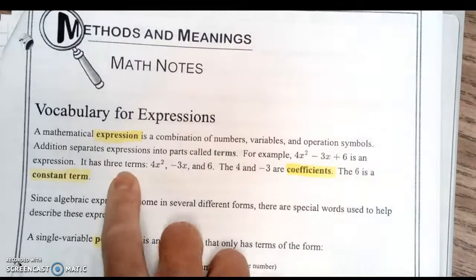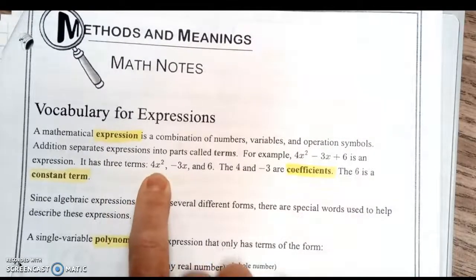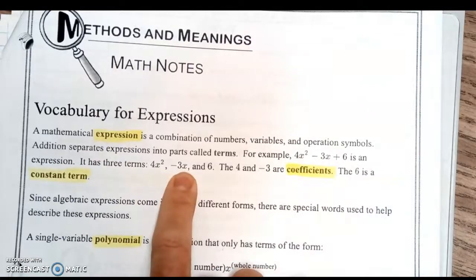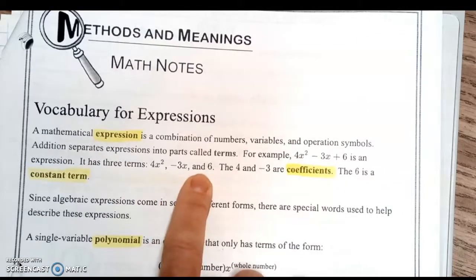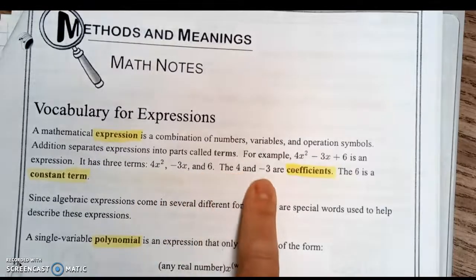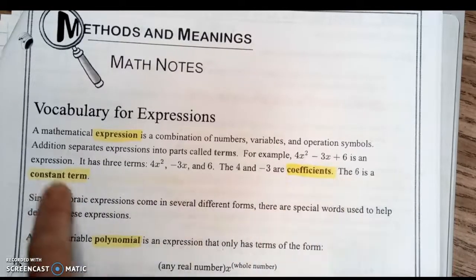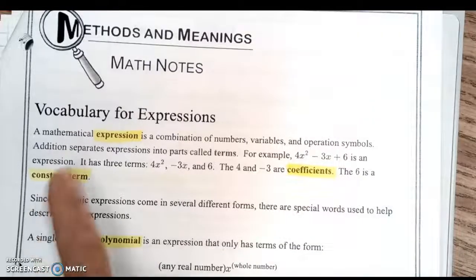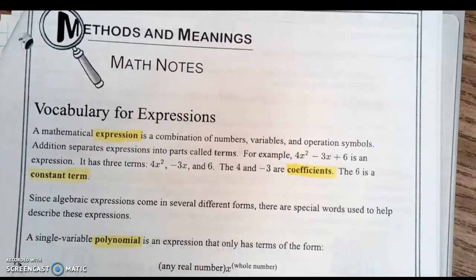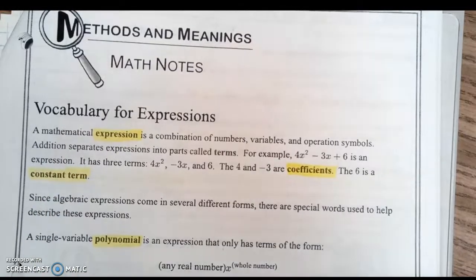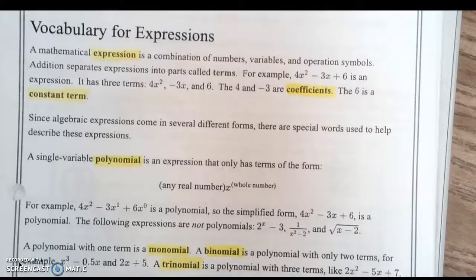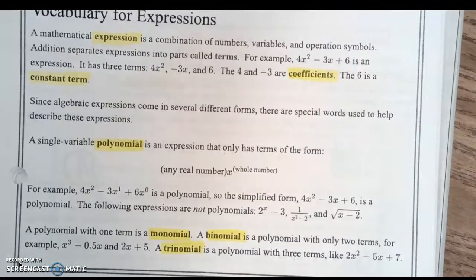It has 3 terms. 4x squared is a term, minus 3x is a term, and 6 is a term. The 4 and the negative 3 are coefficients. The 6 is a constant term, or it's sometimes referred to as the numeric term. Since algebraic expressions come in several different forms, there are special words used to help describe these expressions.